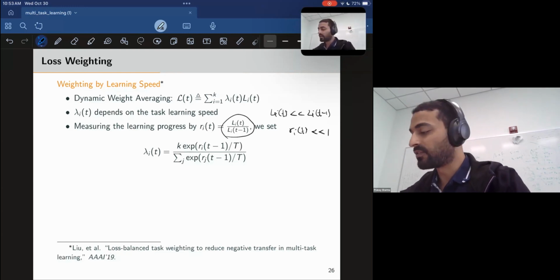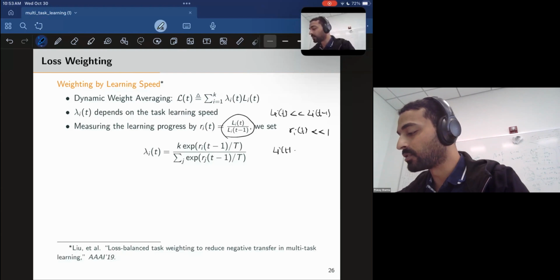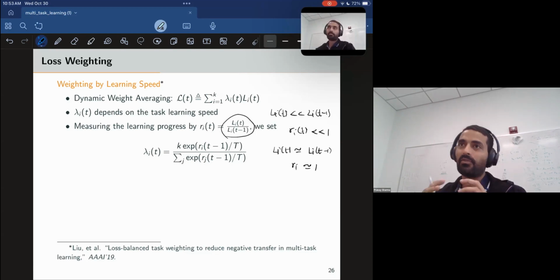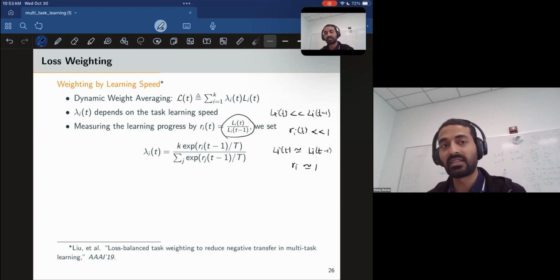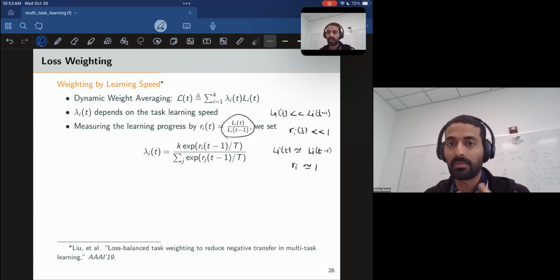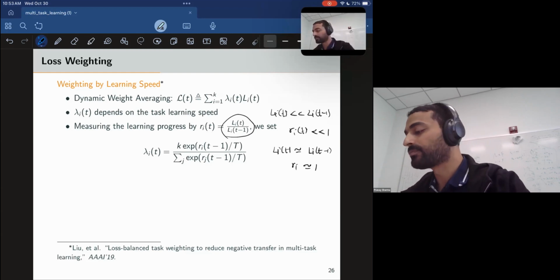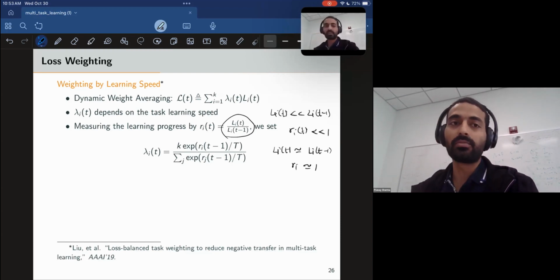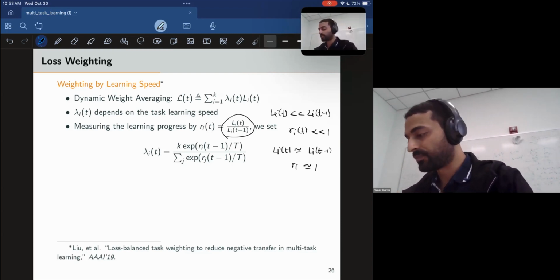On the other hand, if L_it is almost similar to L_i(t-1), then R_it is very close to 1. In general, we expect some learning to happen. So we should not consistently get this ratio larger than 1. If that is happening, there's something horribly wrong, right? But in general, this should be close to 1 or smaller.